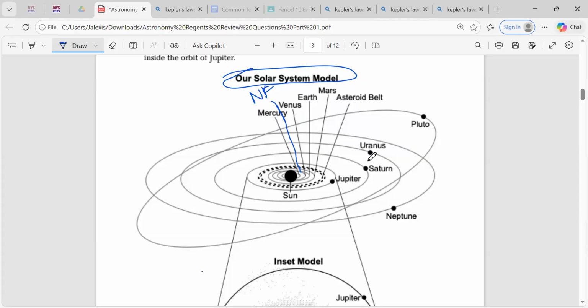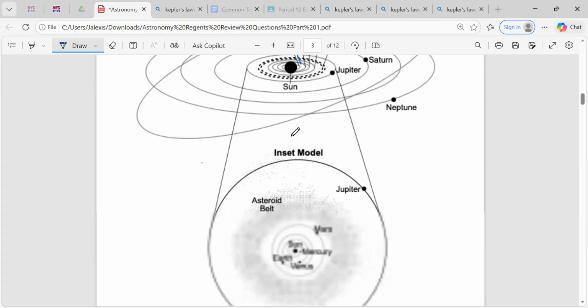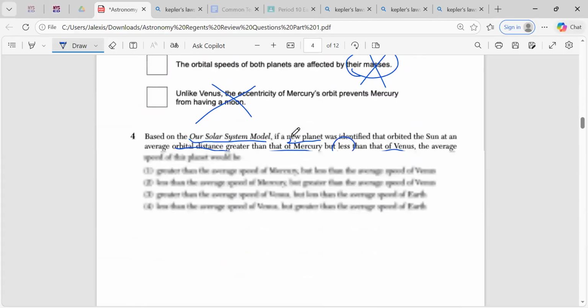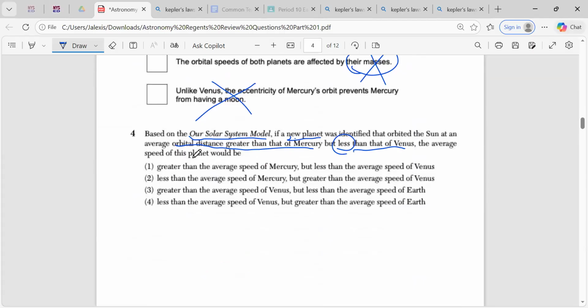That means it would be in between Mercury and Venus. And it says the average speed of this planet would be what?